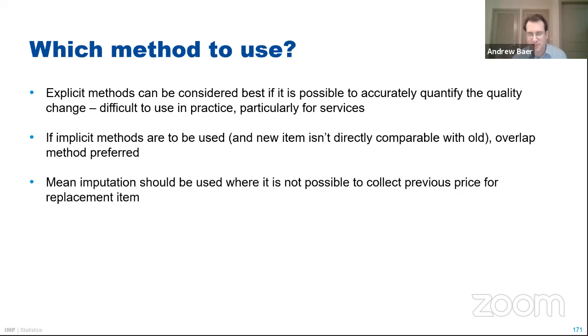The best of the implicit methods is the overlap, because the overlap lets you get observed prices, observed price change in the month of the item substitution. And you do that by getting a previous period price for your new item. If either you're not able to get that previous period price for your new item, or there is no previous price because the replacement item was not offered in the market in the same month that the old item was, then the mean imputation is the recommended method.